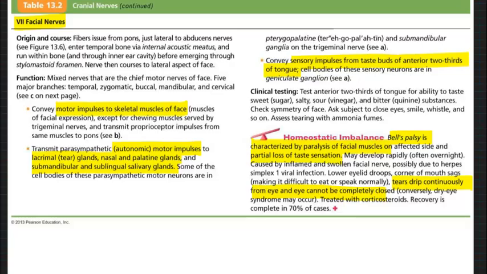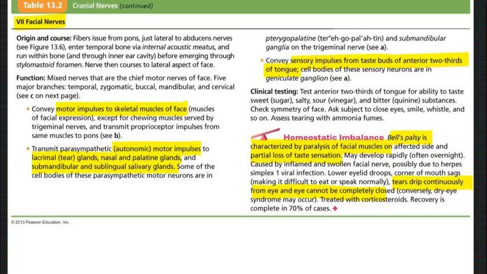Often precipitated by herpes virus infection of that nerve, and usually people do not ever fully recover. There are lingering effects. I have a buddy who had it definitely more than 15 years ago.